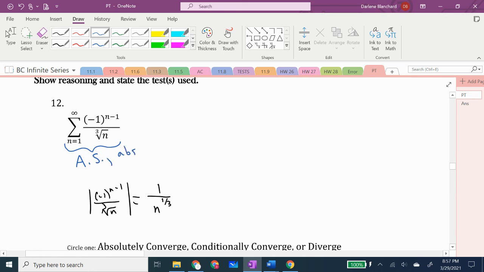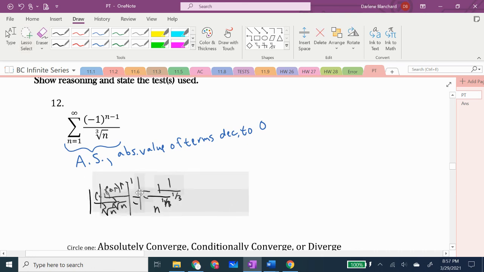The absolute value of the terms decrease to 0. Then I'm allowed to play with just the formula itself. I think I'm going to lasso it back over here.